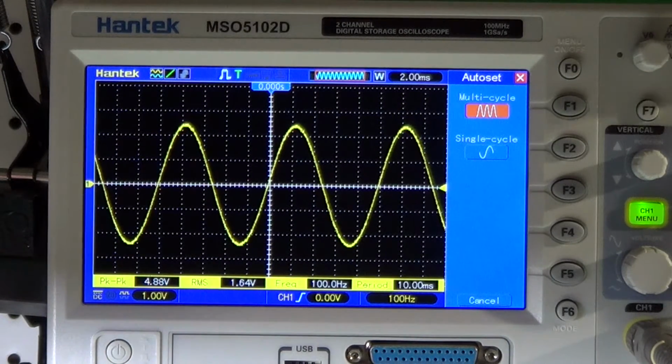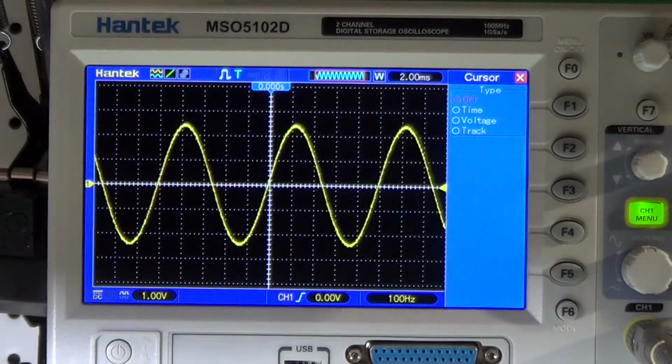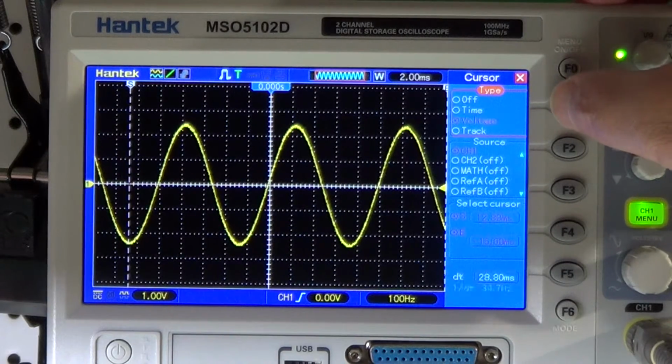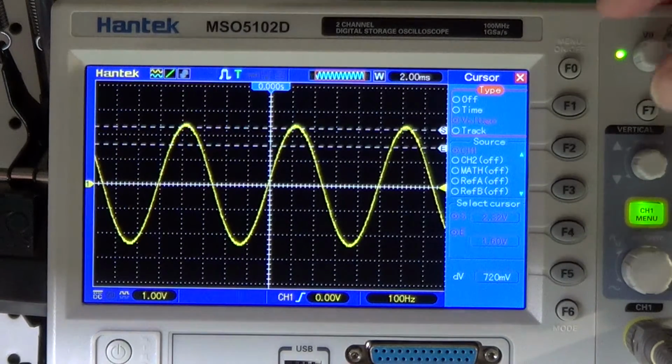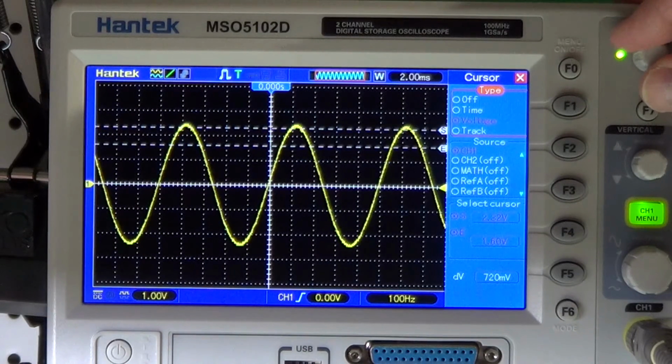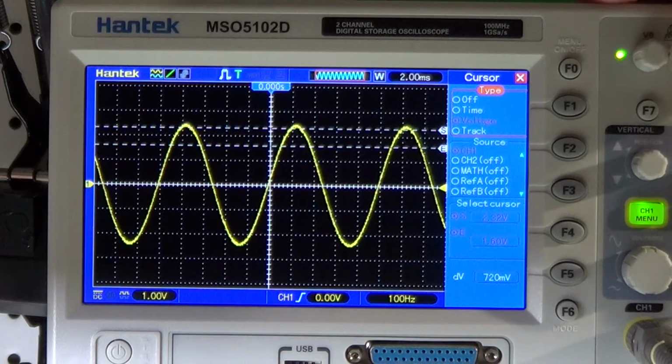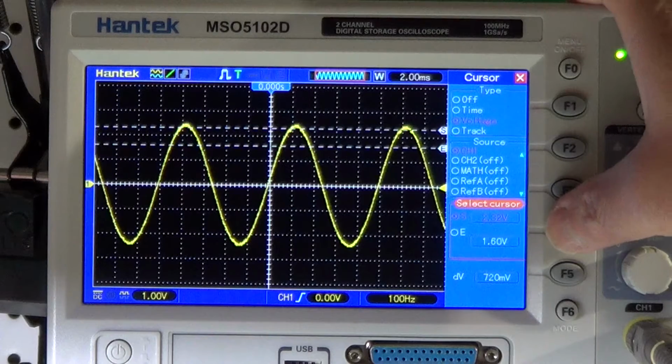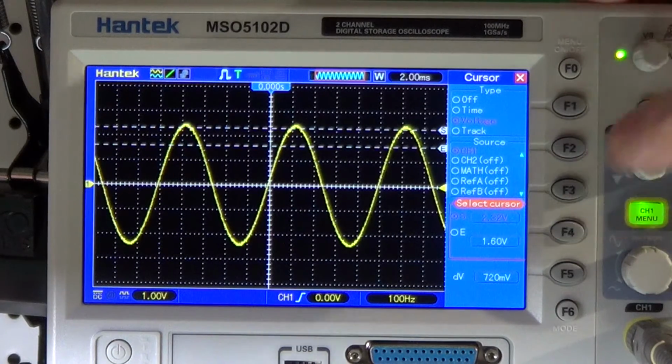So let me use the cursors directly over here. I will set the cursor to read voltage, and the start cursor will go, let me set them up first, so we need to go with the start cursor first.